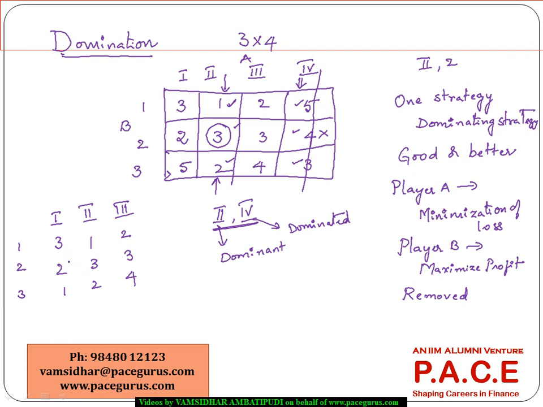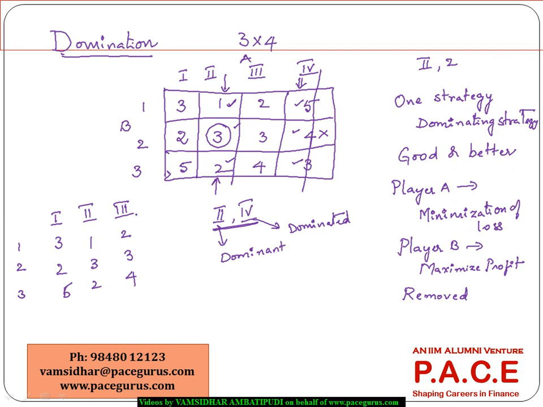I really need to see, is there any other strategy for B which is always resulting in a maximization? 3, 2, 5, sorry, this is 5.